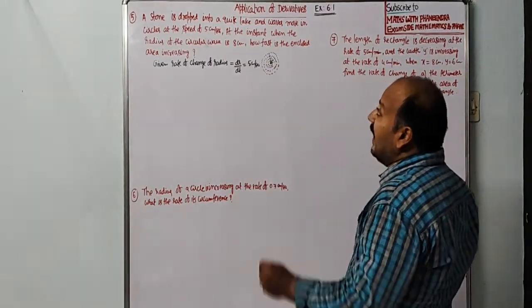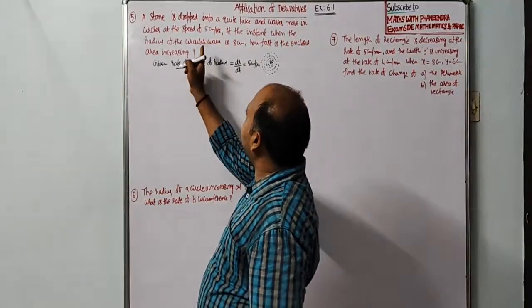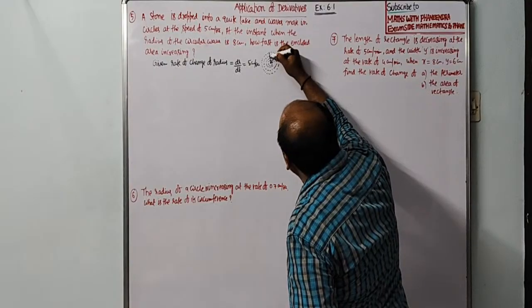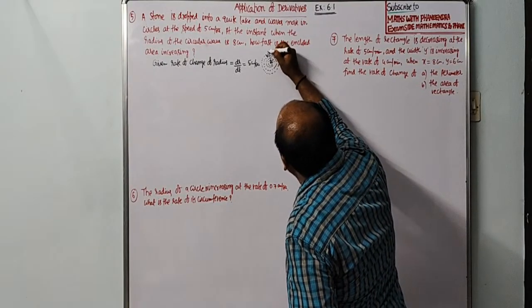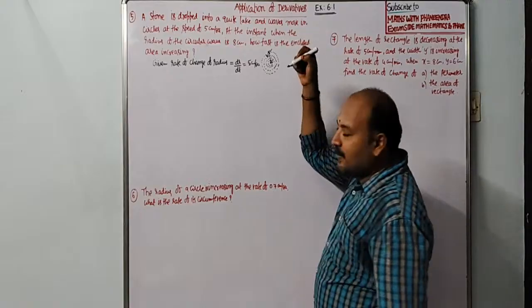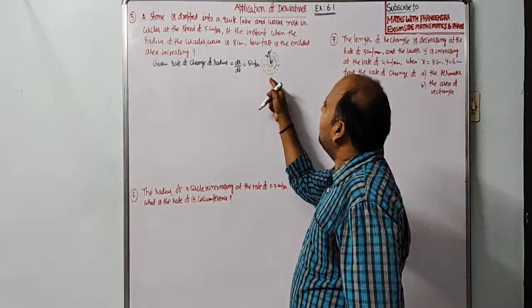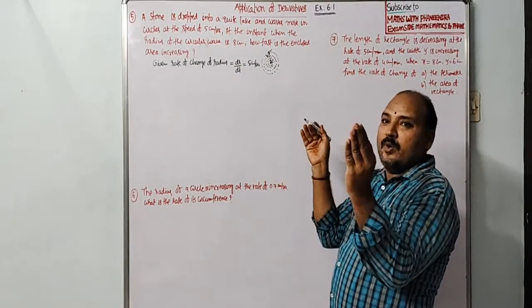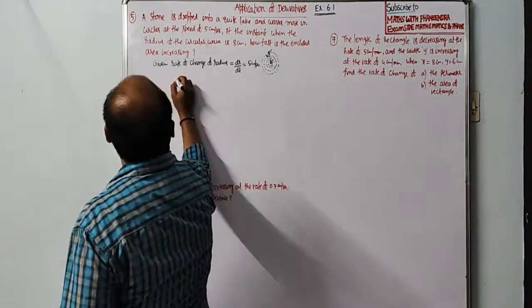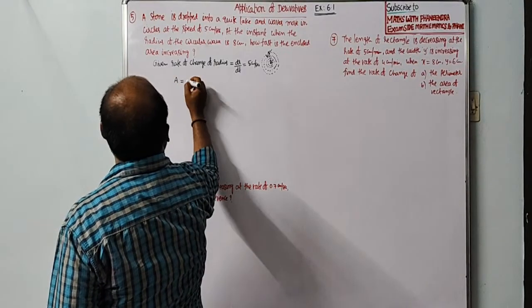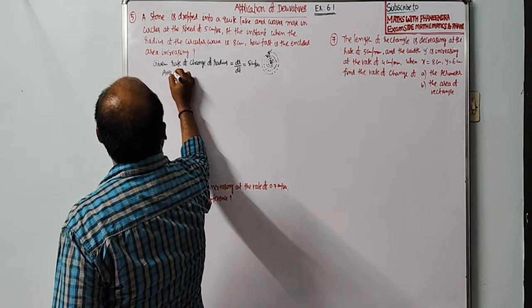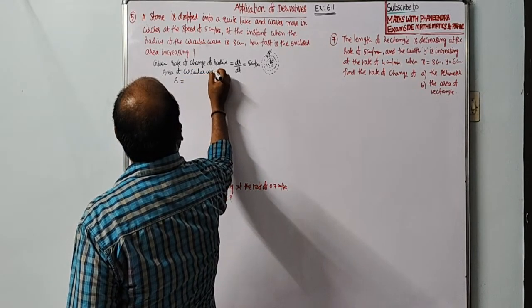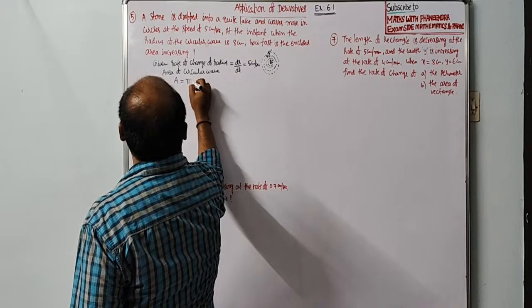At the instant when the radius of the circular wave is 8 centimeter, how fast is the enclosed area increasing? So area of circular wave, A is equal to pi r square.